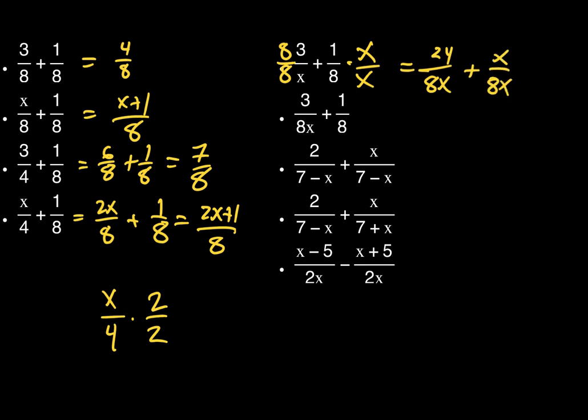Now I've got the same denominator. Now I can add them up, and I'd have 24 plus x over 8x. This needs an x over x. Multiply it by 1. I'll then have 3 plus x over 8x.